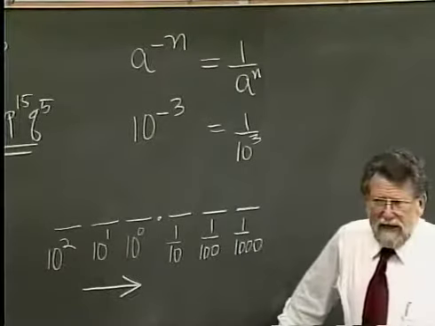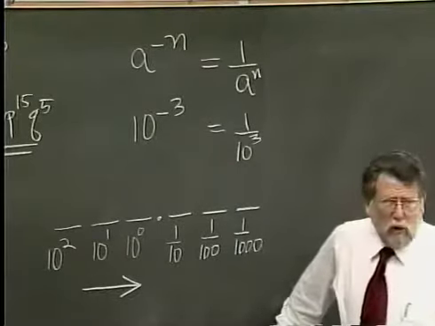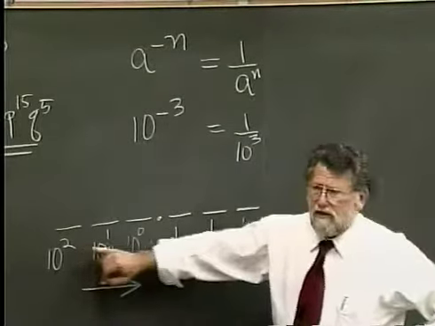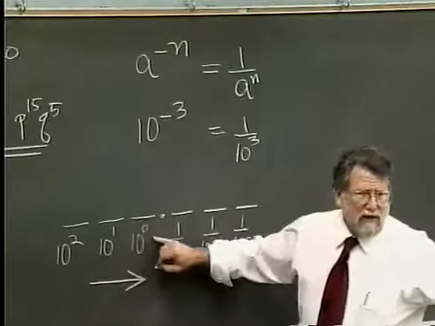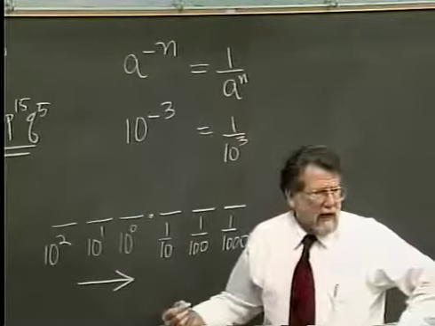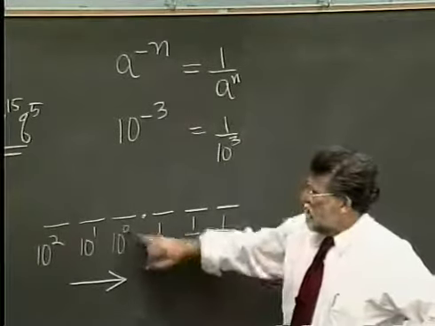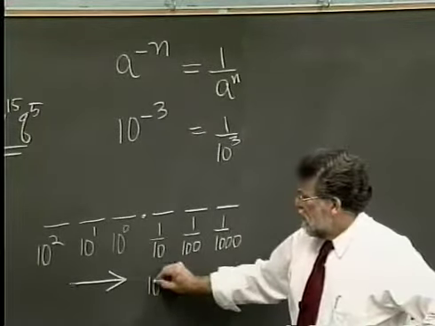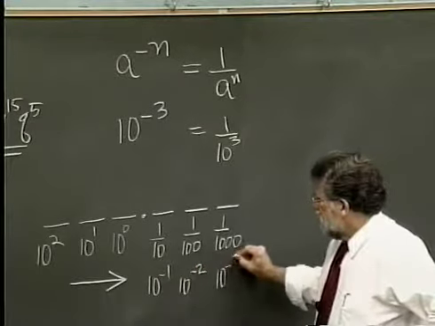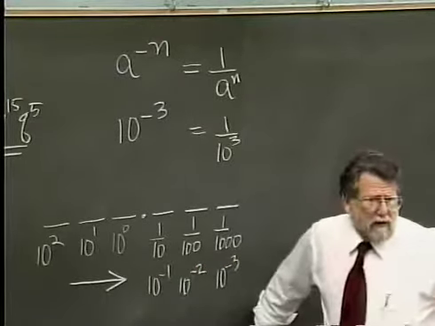Well, if I look at the place values and now think in terms of what happens to the exponents on 10, 10 to the second, 10 to the first, 10 to the 0, they just step down 1 each time. So what's the next one under 0? Well, that would be 10 to the minus 1, and 10 to the minus 2, and 10 to the minus 3, if I was going to follow the pattern.